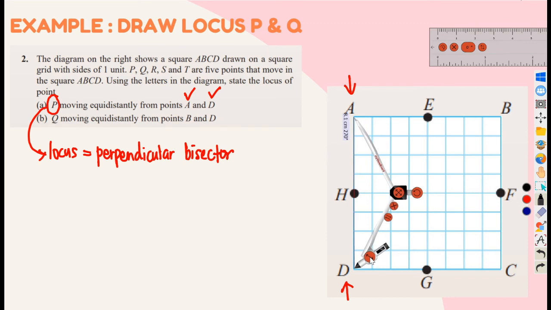This is the length of AD. Make sure your compasses is set to more than half, slightly more than half. Let's say this one is more than half; mine here is 6.5. Now from point E here, you need to draw a small arc.